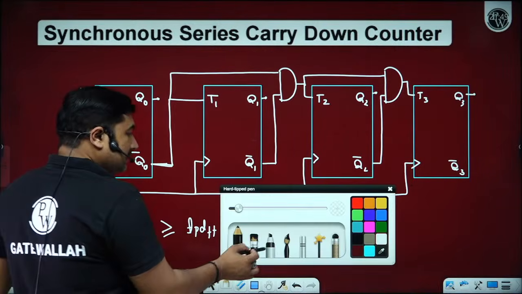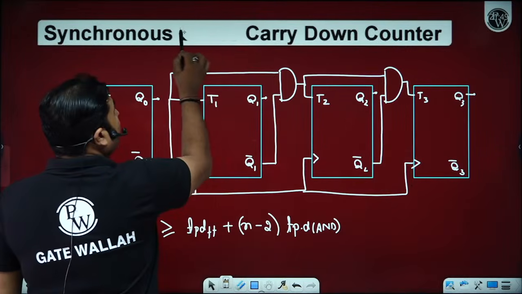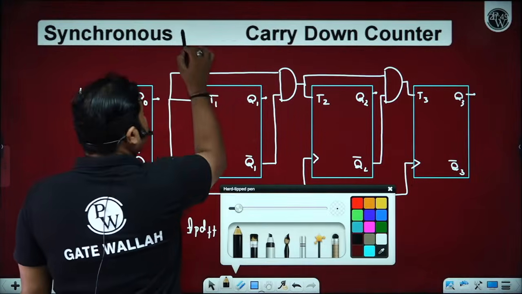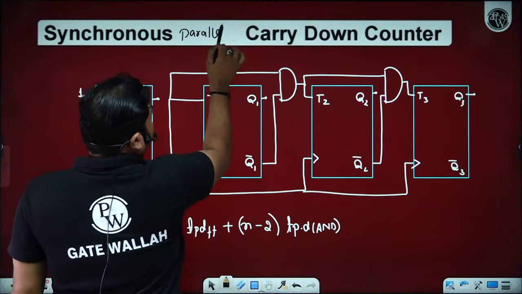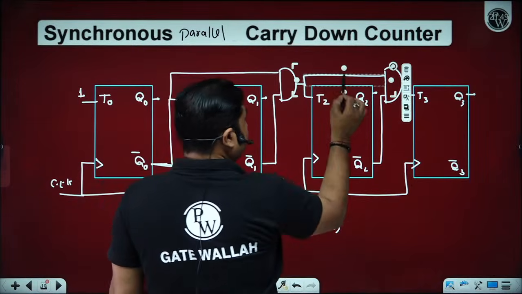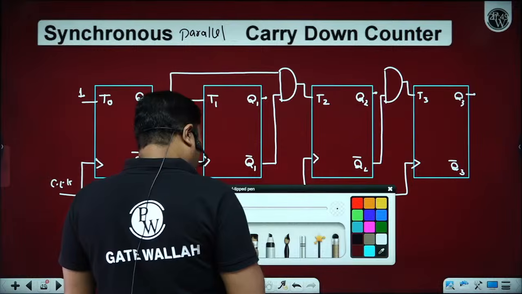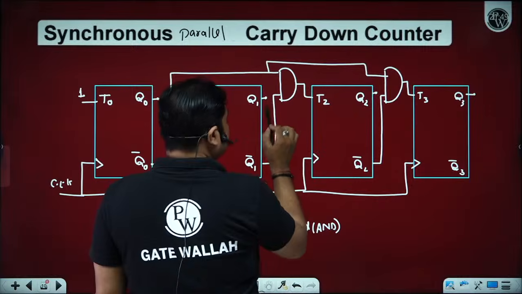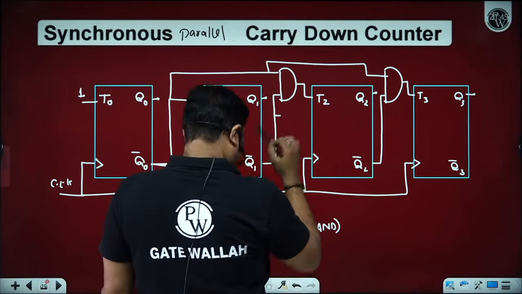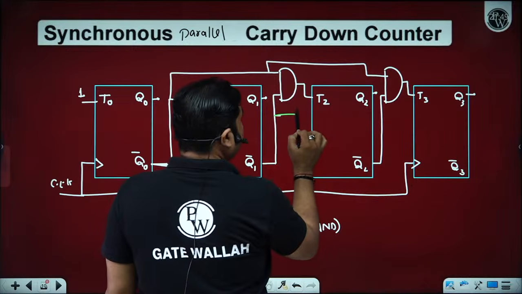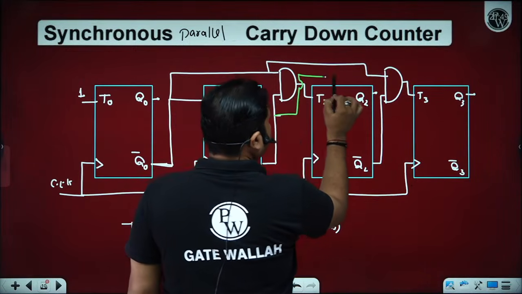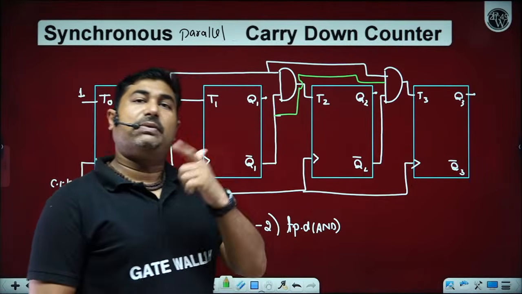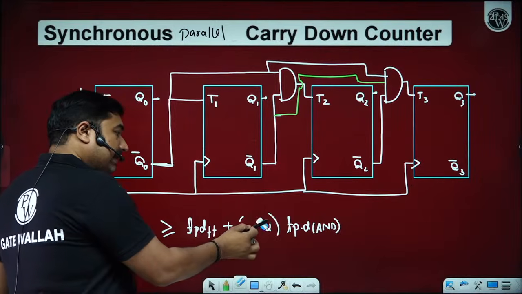But instead of using this, if we go with the parallel, we need not wait for this AND gate to operate, because all the AND gates operate parallelly and your circuit will become faster.